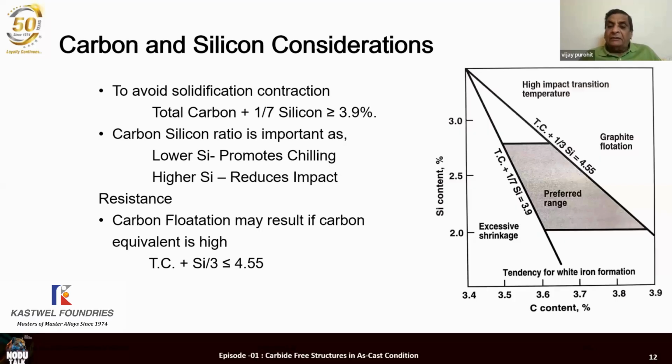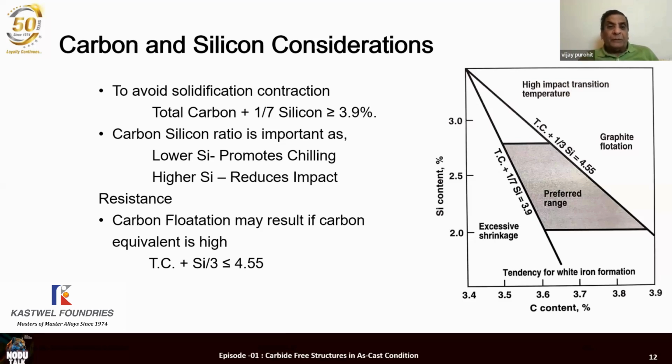That means final casting total carbon plus 1/7 of the silicon of the final casting should be 3.9. Look at the line on the left hand side. If your carbon plus 1/7 silicon is equal to it, you run some risk. But if it is less than 3.9, see what you get in the casting, excessive shrinkage.